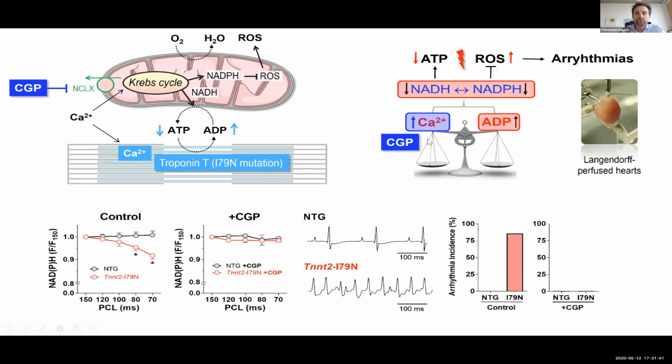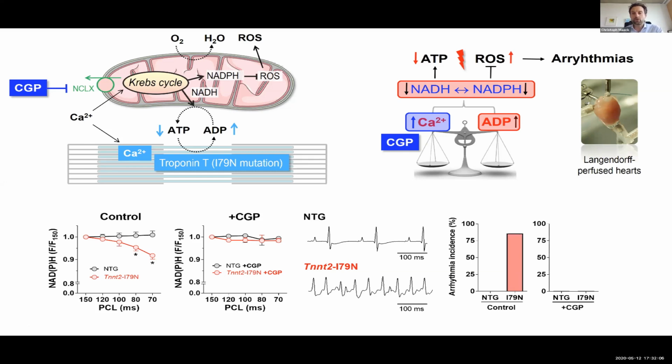So in other words, it increases the amount of calcium in the mitochondria by limiting its export. And this kind of rebalances the redox state. And what he observed is that, in fact, in the presence of CGP, he did not see any oxidation anymore. And in particular, the arrhythmias he was inducing under control conditions in I79N were completely blunted.